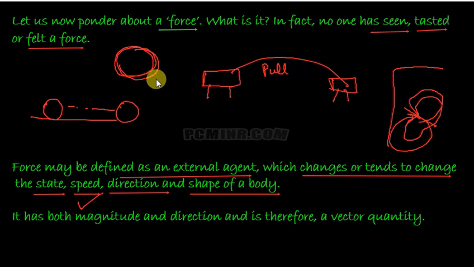And anything which is compressible or even brittle, you can break it with a force, so you change the shape of a body. And another important thing about force is that it has a magnitude and direction both. So it is a vector quantity, because magnitude alone doesn't decide the force, it's the magnitude and the direction together which give us the total force acting on a body.